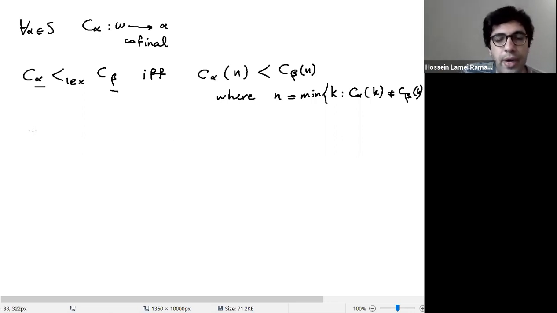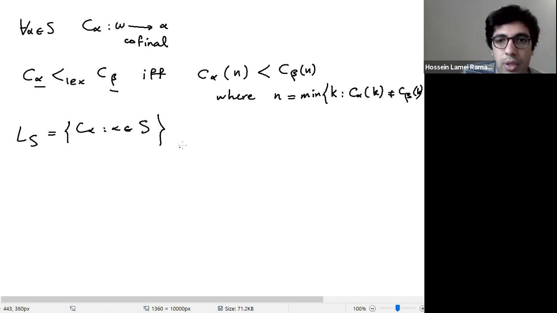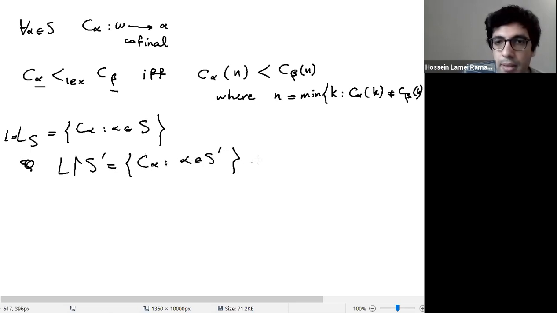Now let's call L_S the set of C alpha for alpha in S, with this order on it, and of course we call it L also. L restricted to S prime is just going to be the C alpha for alpha in S prime. So this is about the notation, but you're right.